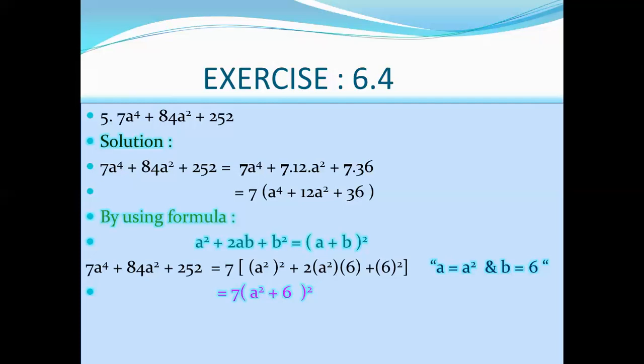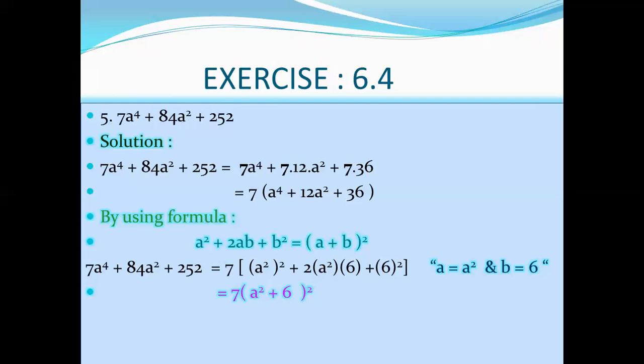So a^4 is the square of a square and 36 is the square of 6. A is a square and b is 6. Simply we put the values of a and b in the formula. But you cannot remove the 7 from the question because it is a part of the question.